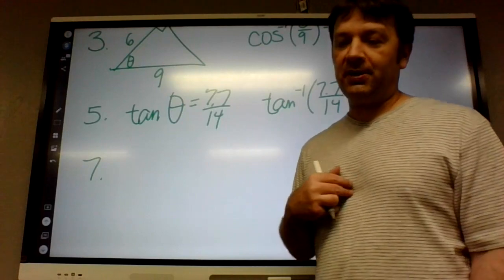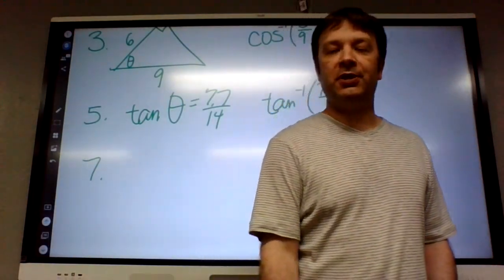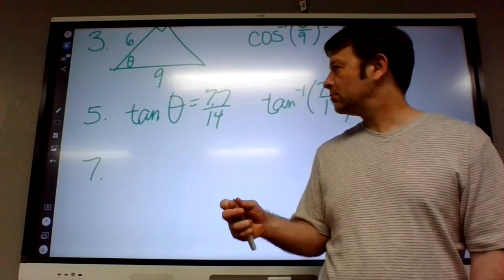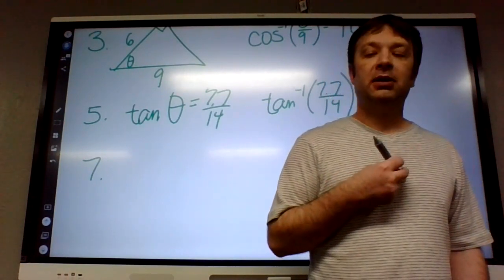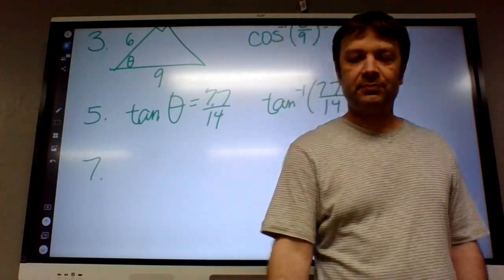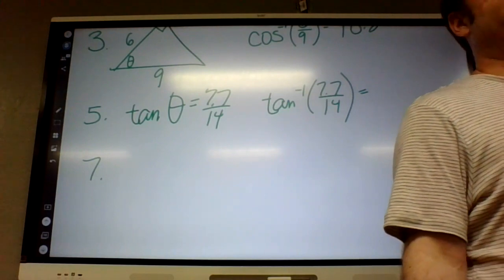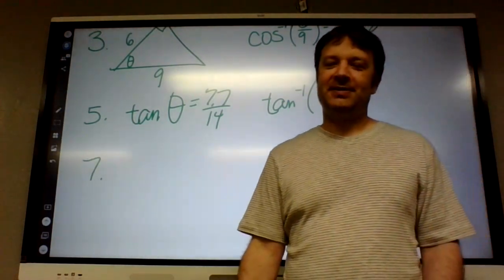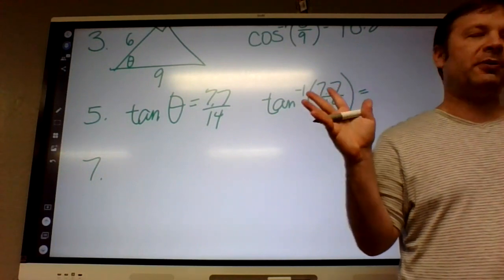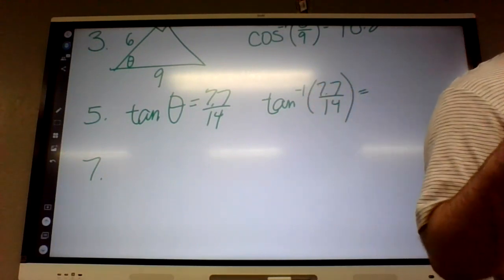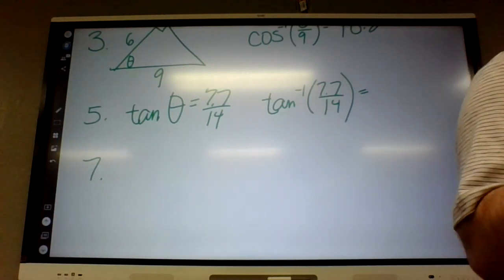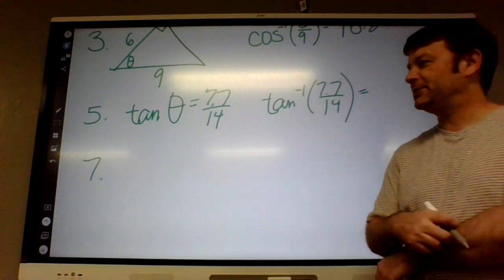Actually, Shannon, how about number 7? Relative to theta, 4.4 is the what? Relative to theta, 4.4 is the what on number 7? Not a trick question. 4.4 is adjacent. And 11 is the hypotenuse. Okay, which trig function?